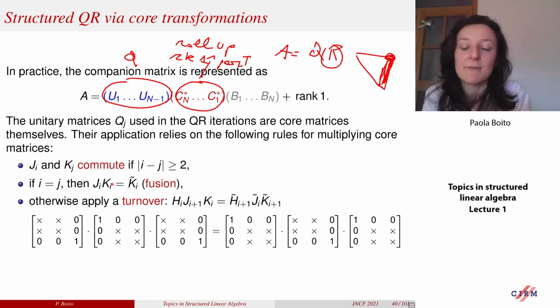This is called fusion. And then there's an important operation called a turnover or shift through, or there are many names.